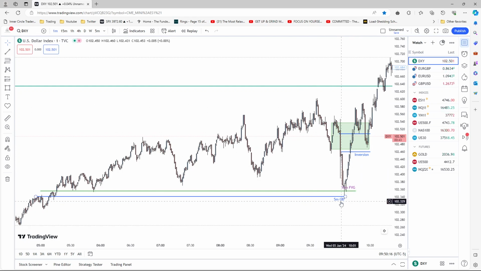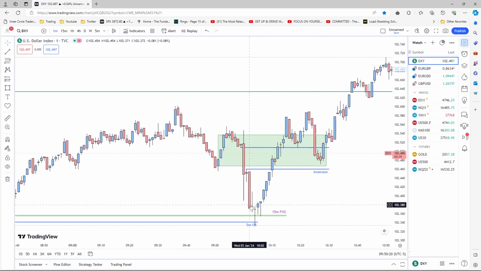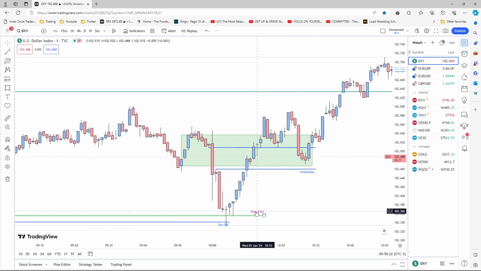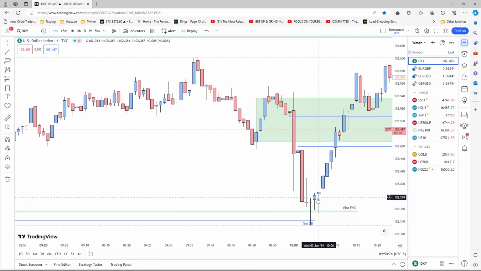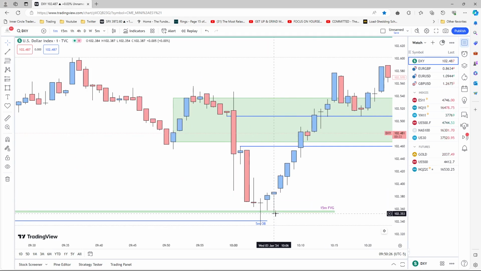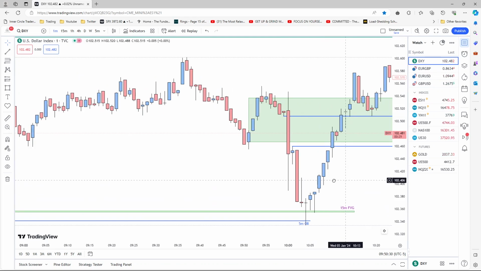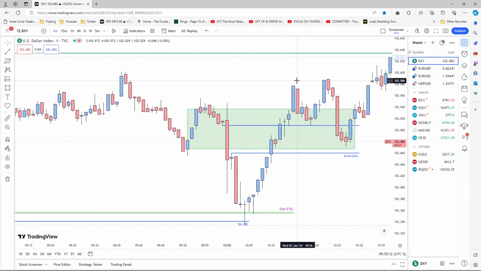Price traded into this 5-minute order block, 15-minute fair value gap, and it immediately came right back above it. Coincidental how it tapped into it one last time, huh? We then traded up higher.